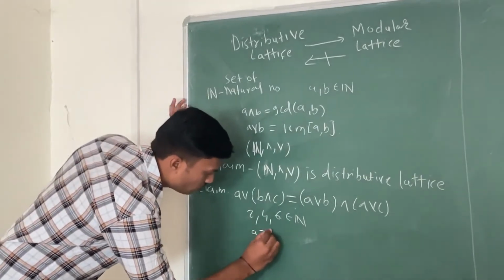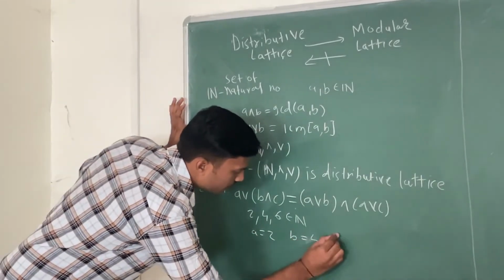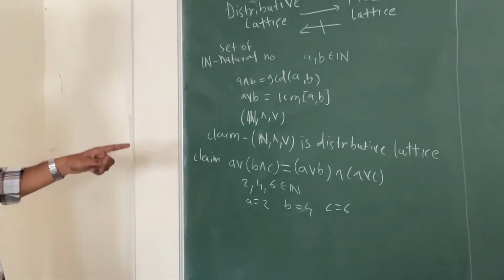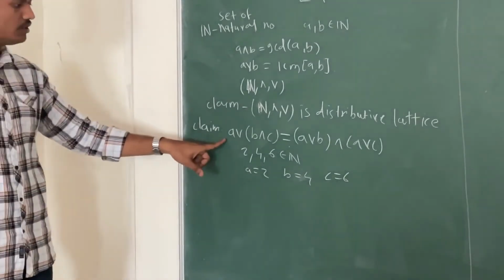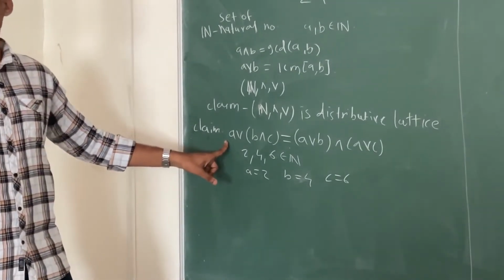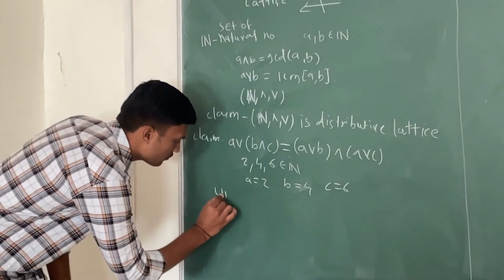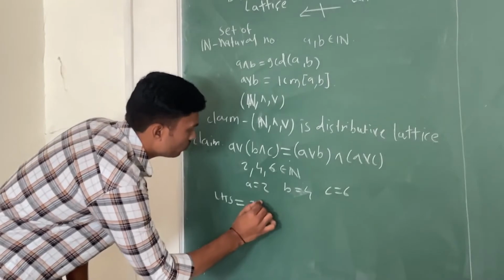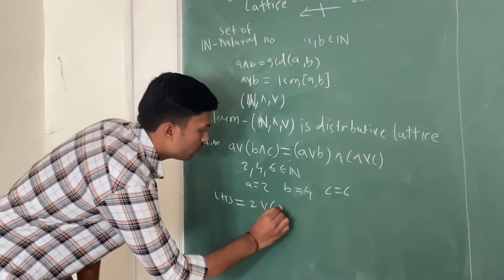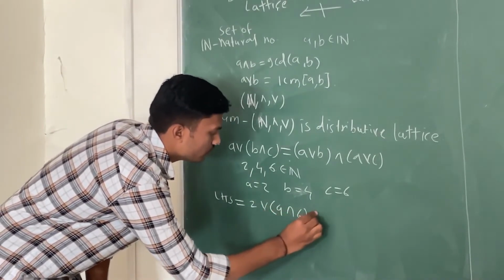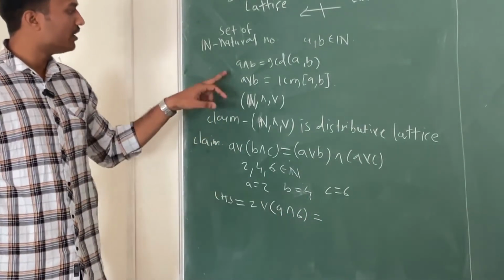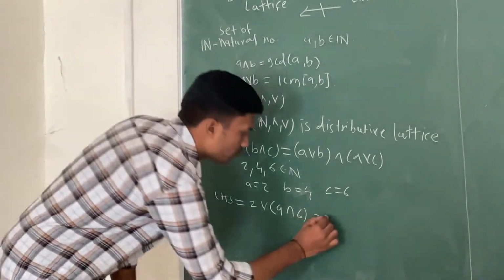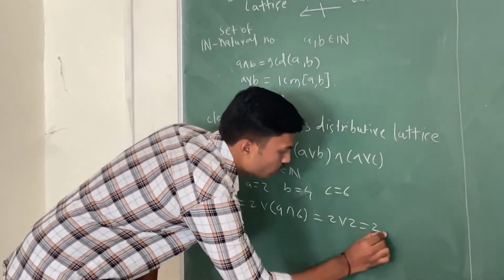Suppose we choose A is equal to 2, B is equal to 4 and C is equal to 6. Then we verify that the LHS is equal to RHS. First LHS: 2 join (4 meet 6). Meet is GCD, and the GCD of these two elements is 2. 2 join 2 is equal to 2.